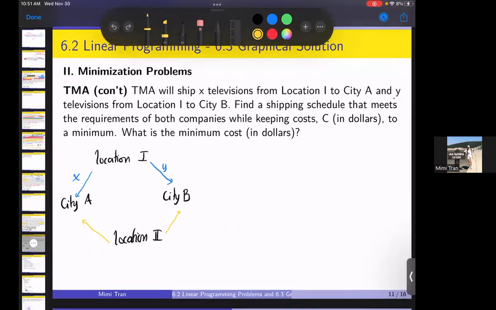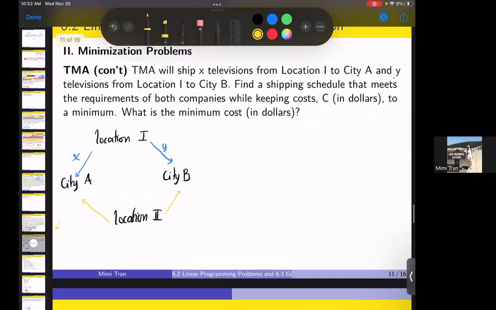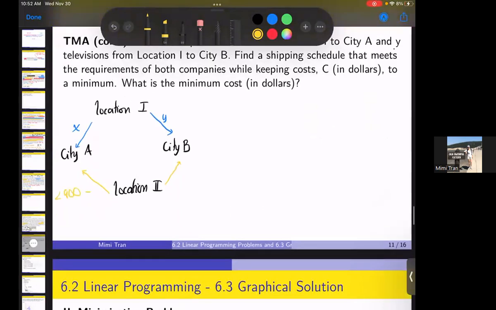The total is 2,900, right? You already took X number of TVs from location 1. So there are 2,900 minus X TVs left that location 2 has to ship to CDA. Because CDA needs a total of 2,900, and CDB needs a total of 3,800.